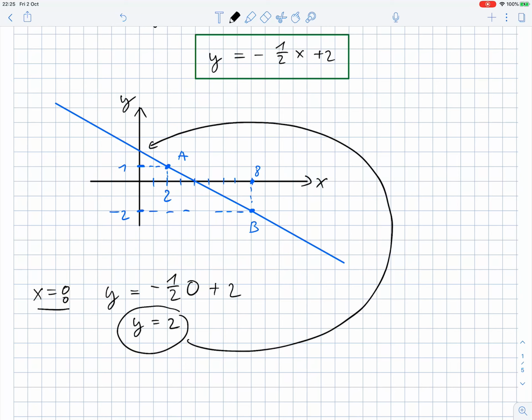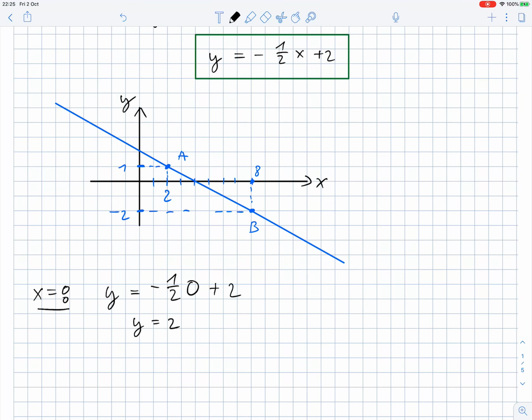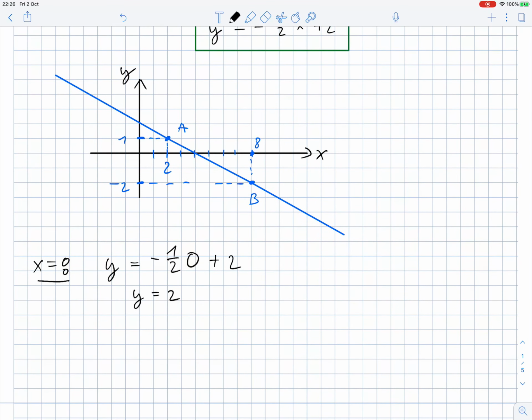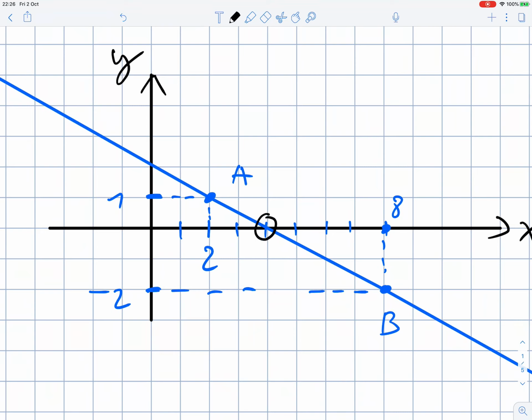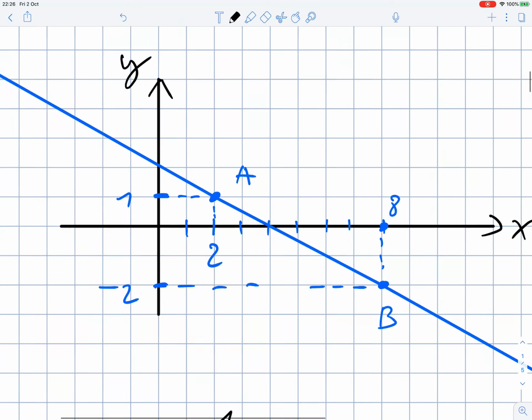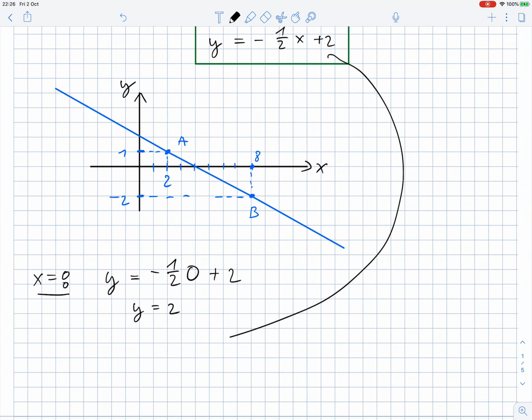Now we want to find the second crossover point, between the linear function and the x-axis. I'm talking about this point here. As you can see, at this point y equals 0. So we take this function, y equals 0.